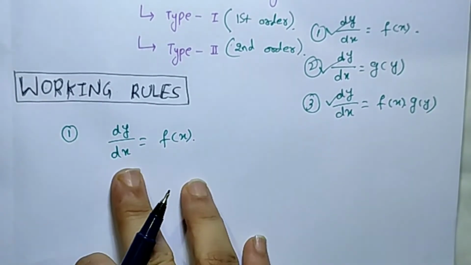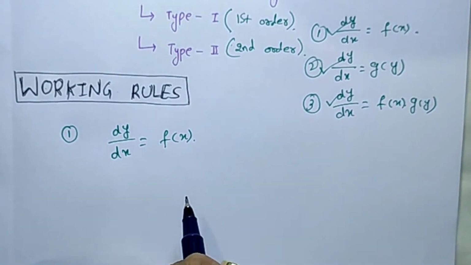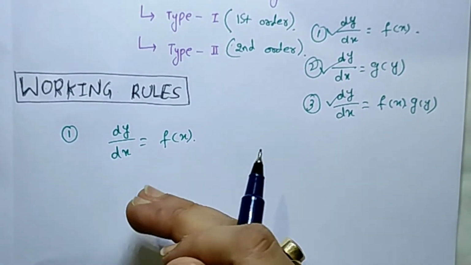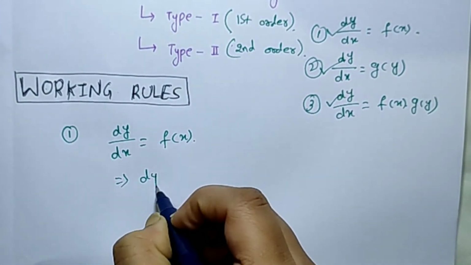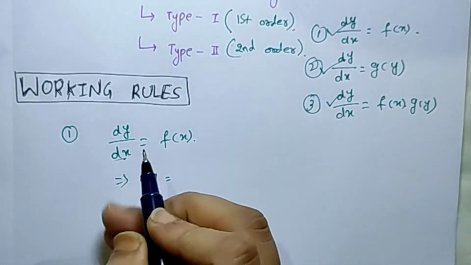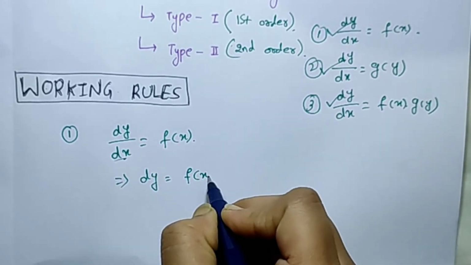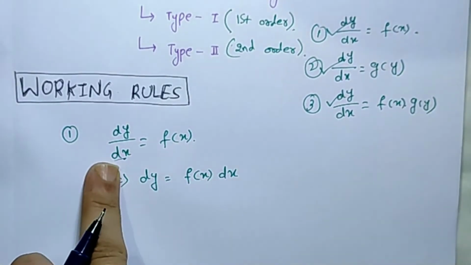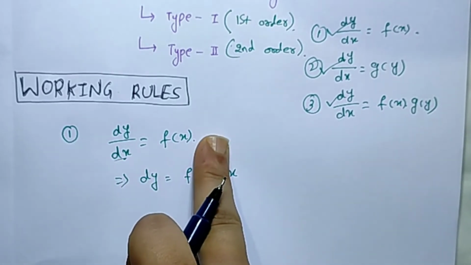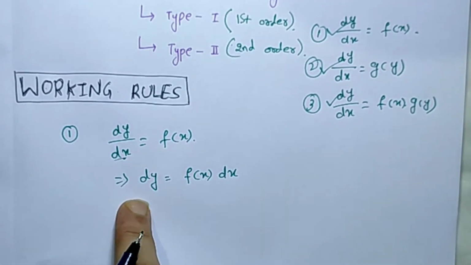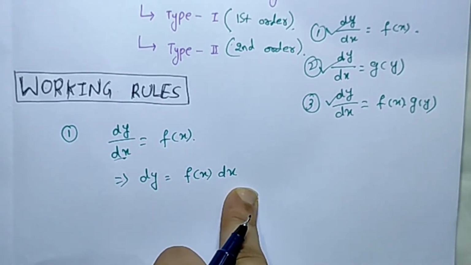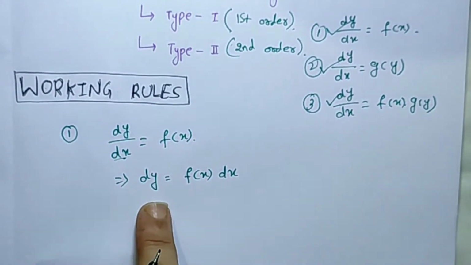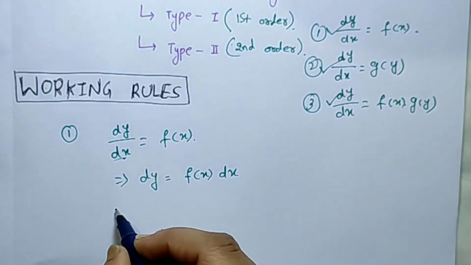In this case, the step by which we can solve this question is: dy is equal to, multiply this dx on the right hand side. By cross multiplication method, I multiply the dx on the right hand side. Now I got an equation dy is equal to f of x into dx. Now we can integrate this equation on both sides.